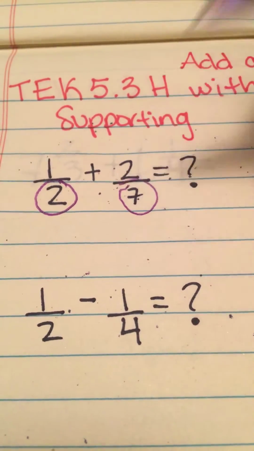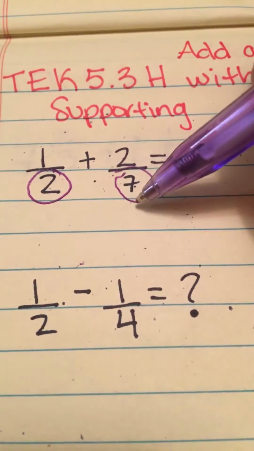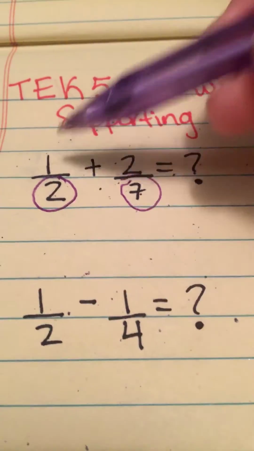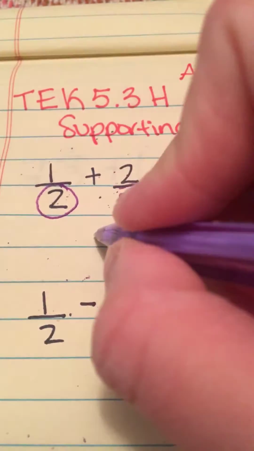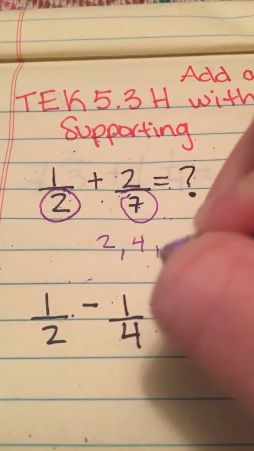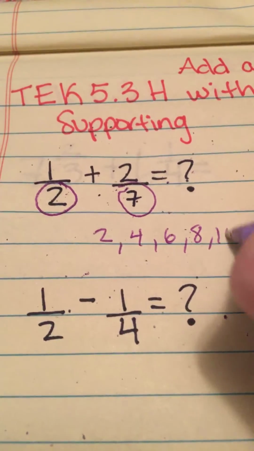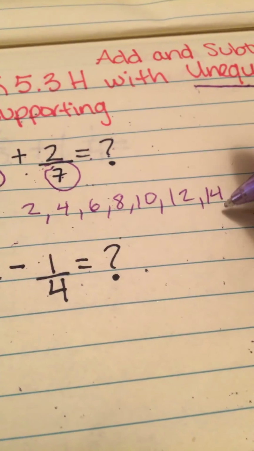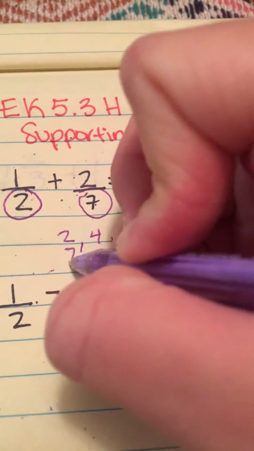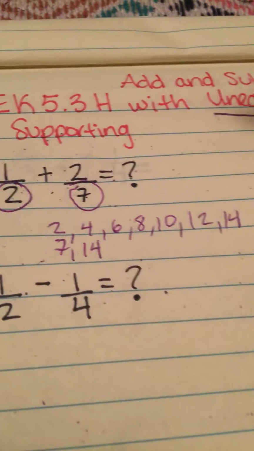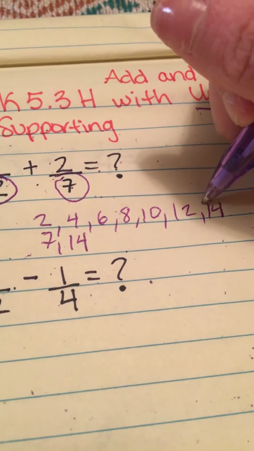To get the common denominator, one way is to list out the multiples. So 2, 4, 6, 8, 10, 12, 14. For those of you who need that to list it out, the next one will be 7, 14. Circle the smallest number that is common.